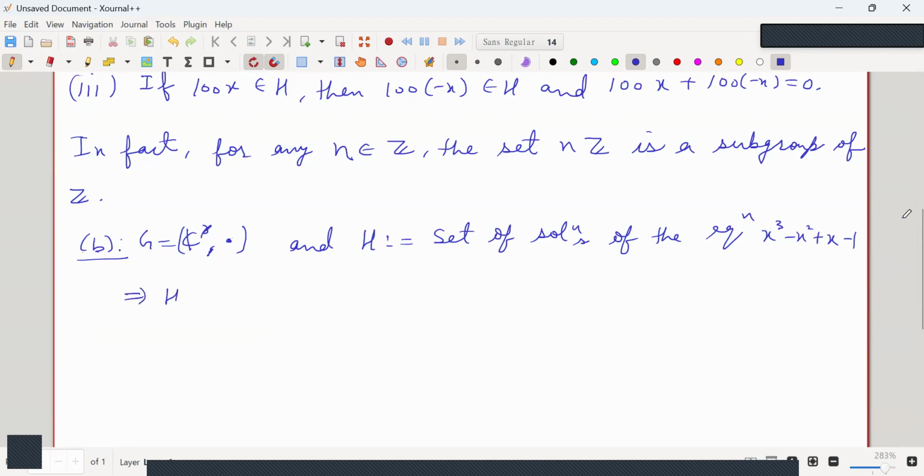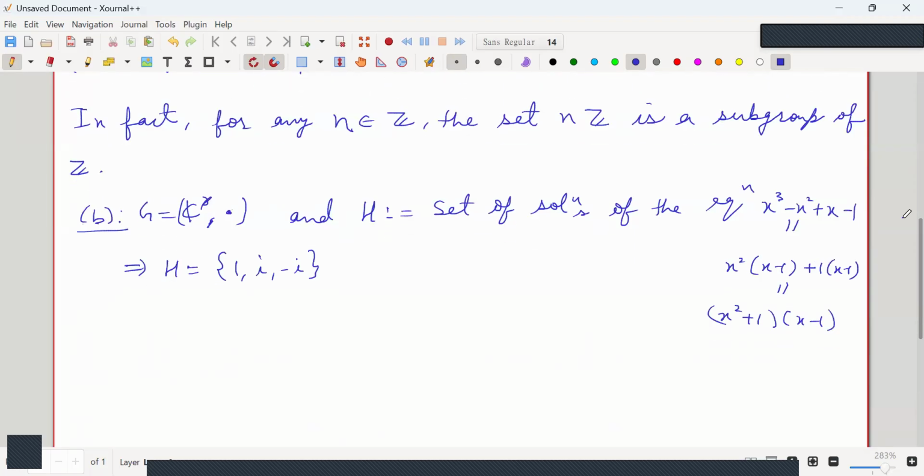So H is {1, i, minus i}, right? This is very simple. Take x square on one side, and it becomes x square times (x minus 1) plus (x minus 1), so it is (x square plus 1)(x minus 1). This has solution 1, and the other equation is satisfied by iota and minus iota. So that is the set H.